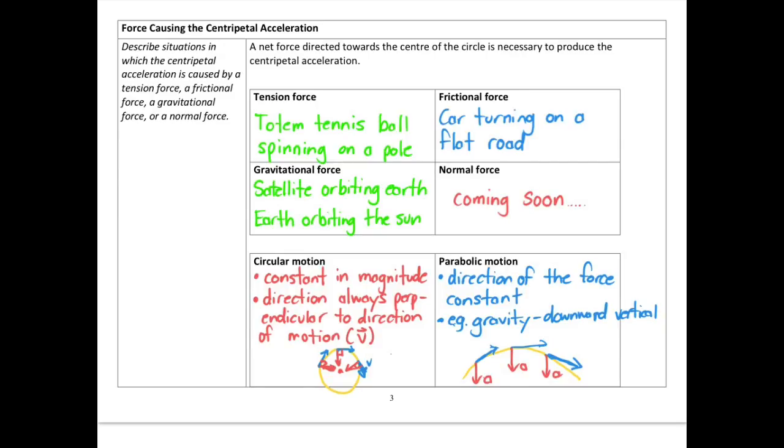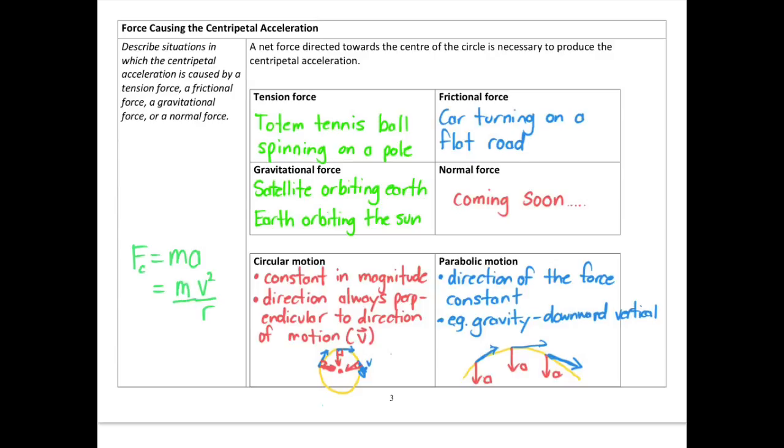I also should note here, if we want to work out the magnitude, the size of the force causing centripetal acceleration, that we know that force is equal to mass times acceleration, but the centripetal acceleration is given by v squared on r, and mass is given by m.